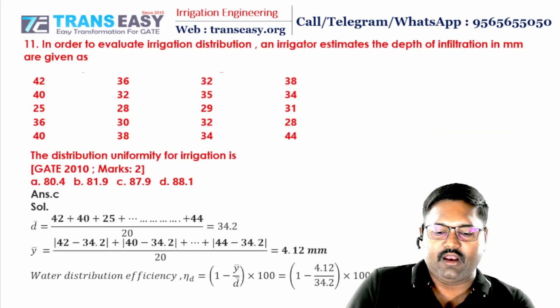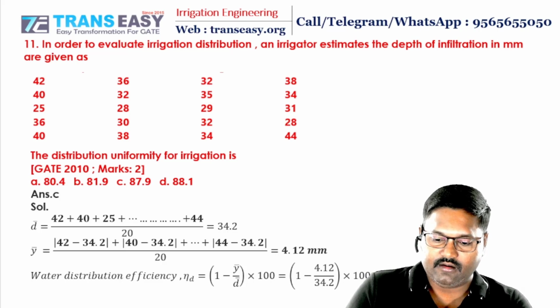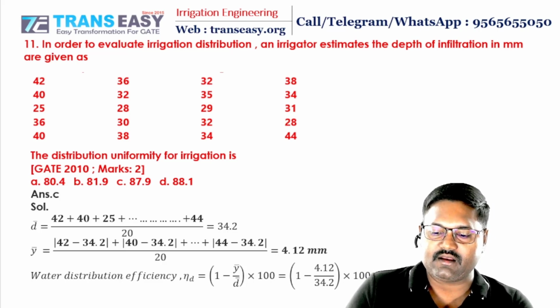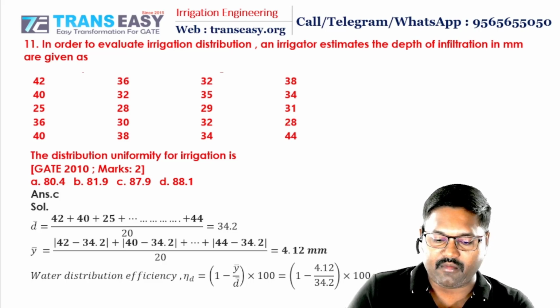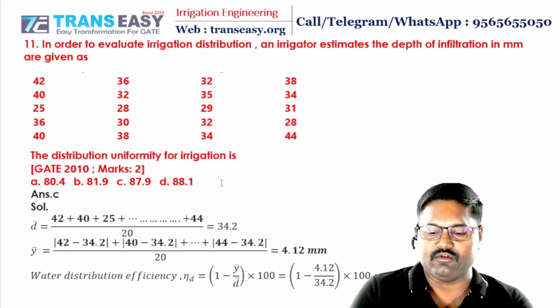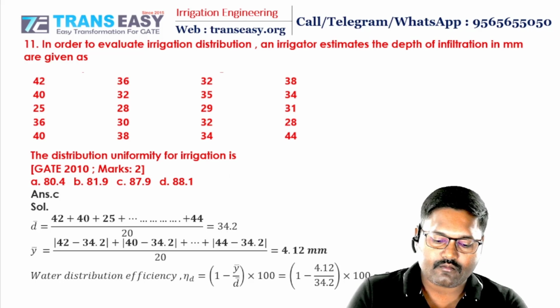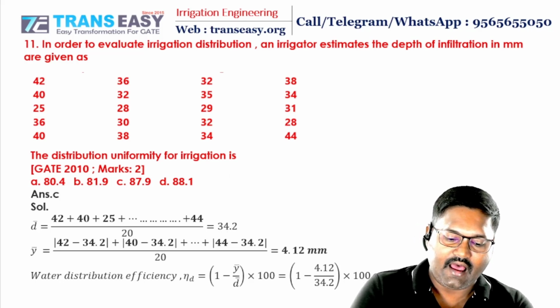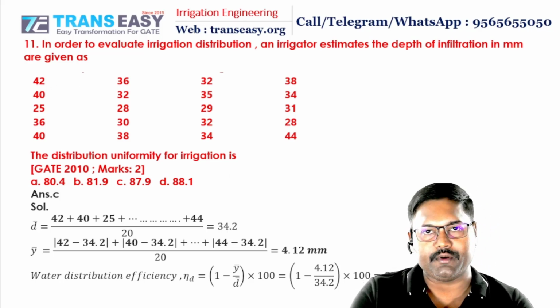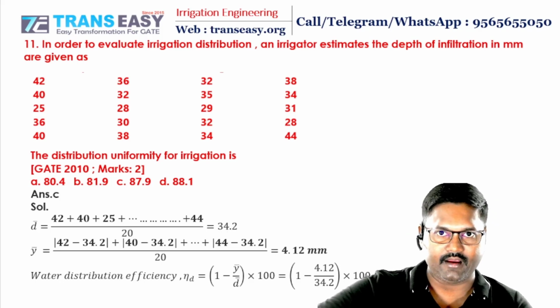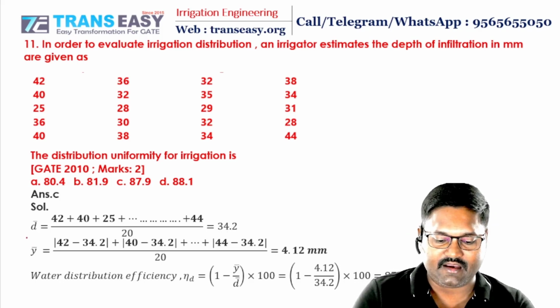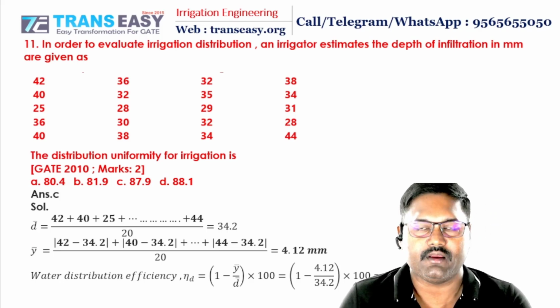In order to evaluate irrigation distribution, an irrigator estimates the depth of infiltration in mm, given as follows. Find the distribution uniformity of irrigation. This is a repeated problem. Right, dear students, add all depths of irrigation and divide by their number. We'll get average depth of irrigation.